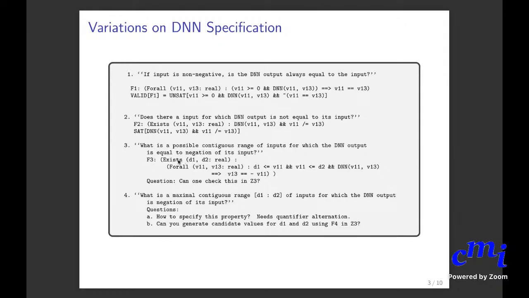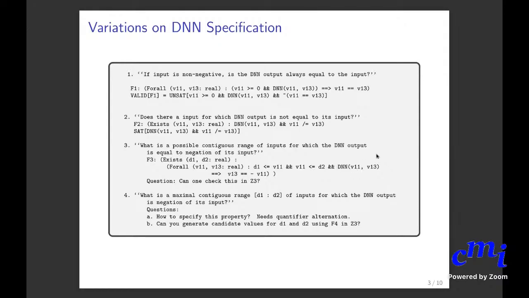Okay, so here you're interested in seeing if there exists some D1 and D2, such that for all input-output pairs, if V11 is within that range, inclusive of the bounds.